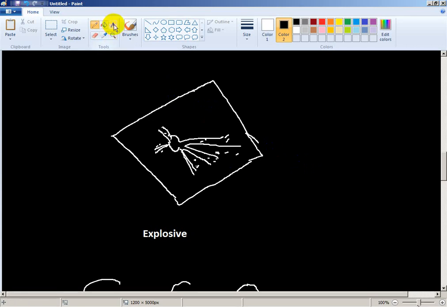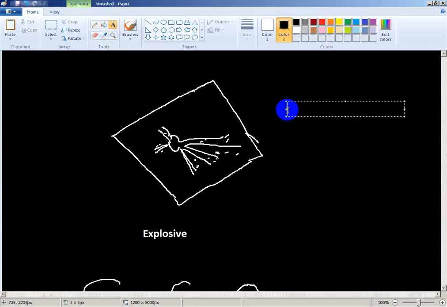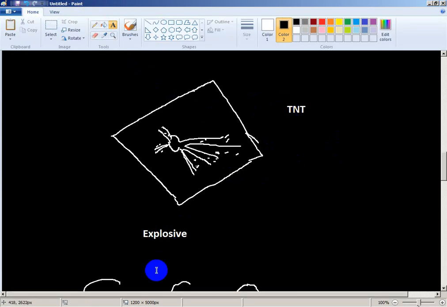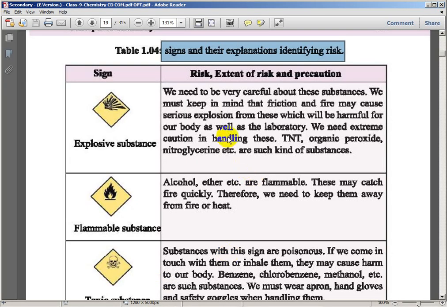Like TNT, trinitrotoluene, is also an explosive substance. Like a bomb, it is explosive.